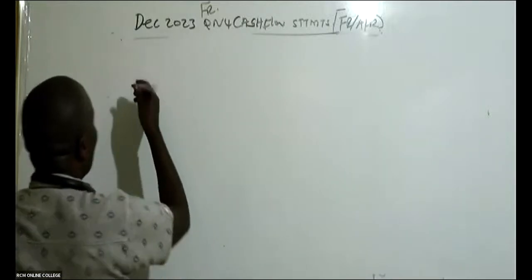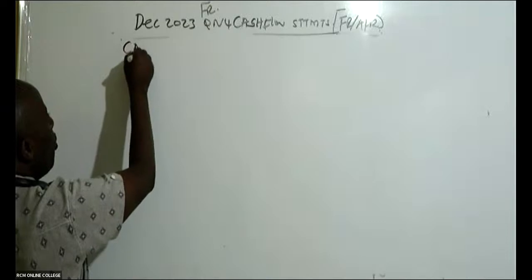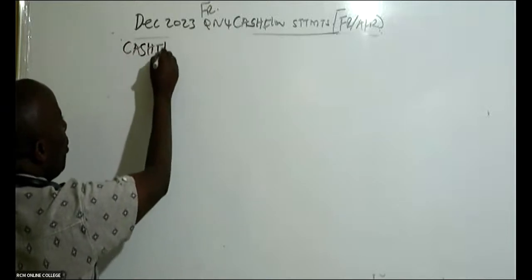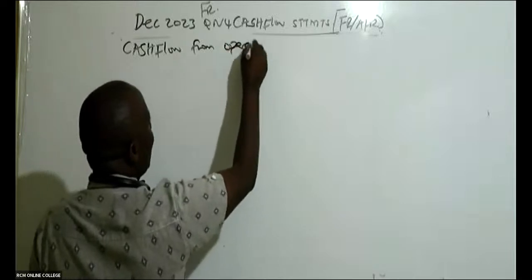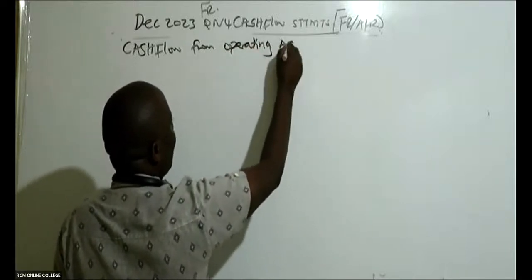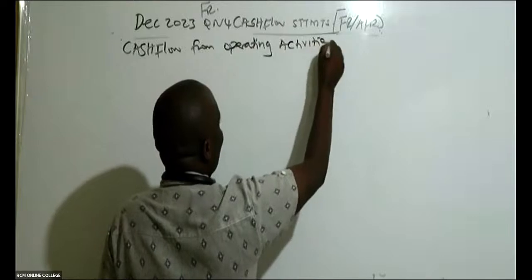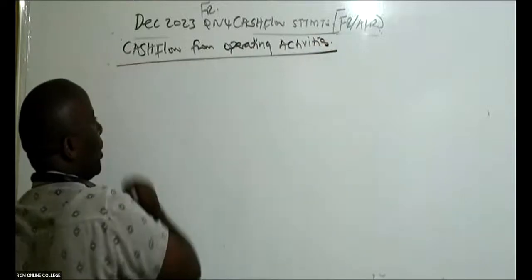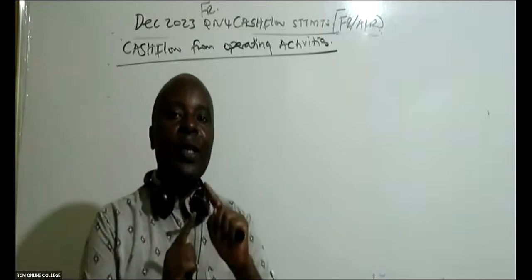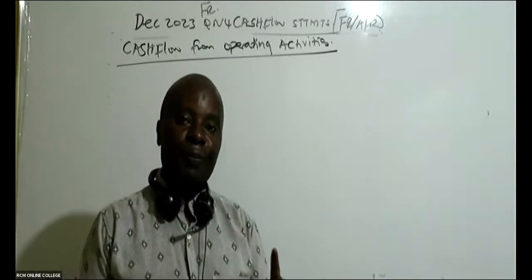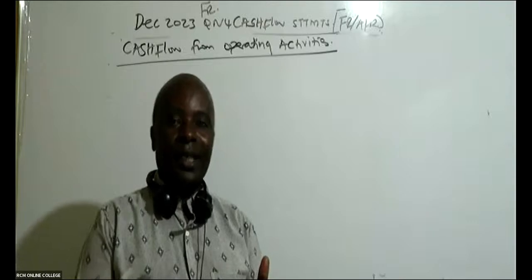The first section will be cash flow from operating activities. So we have 3 sources of our cash flows. We'll have cash flow coming from our day-to-day operations, where we are selling and there is a cost of sales.